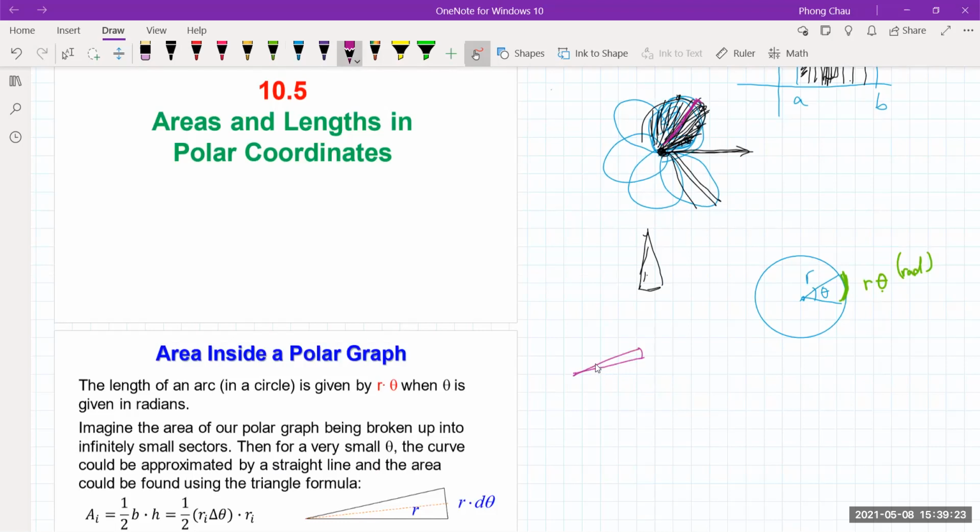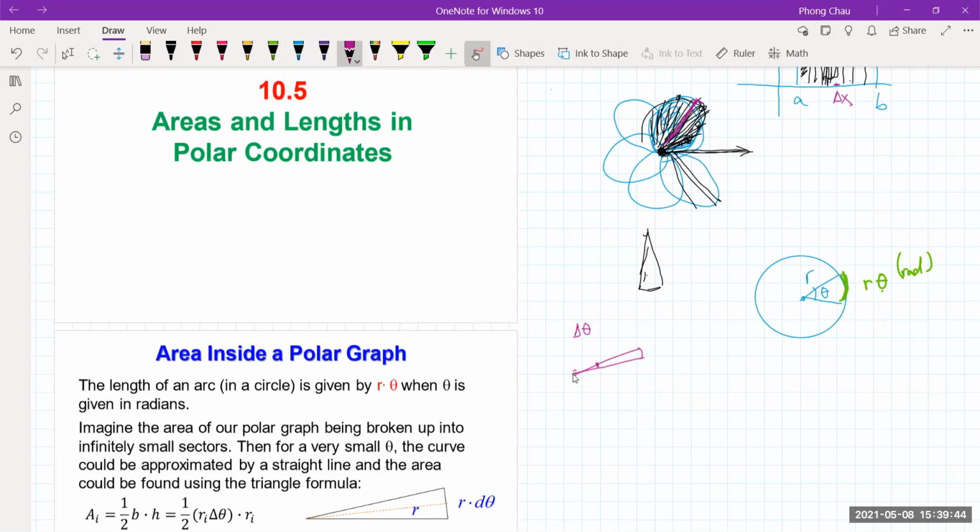Then the angle here is very small, so I'm going to call that delta theta. It's like how we call the small change of x delta x. This is the small change of the angle.